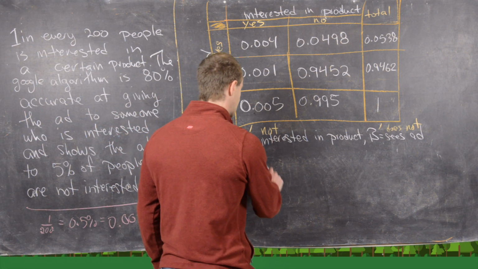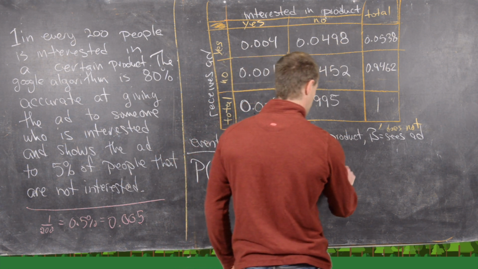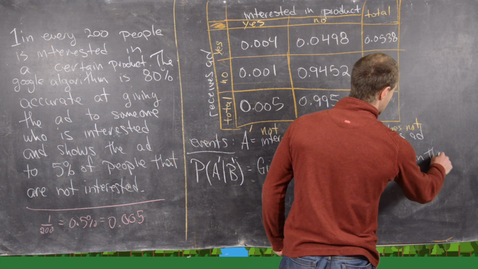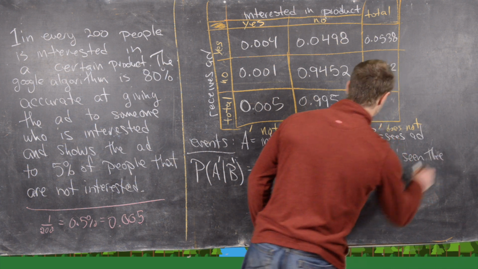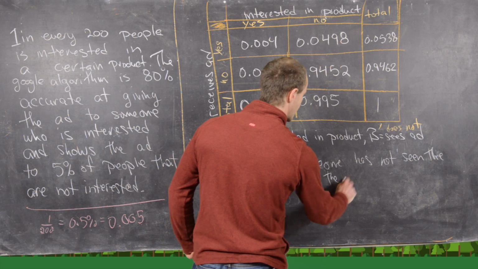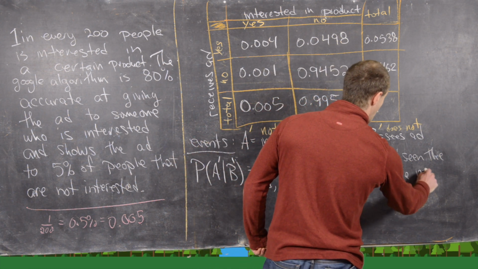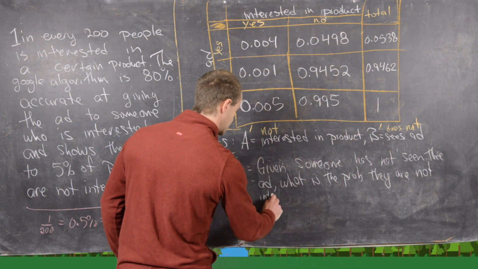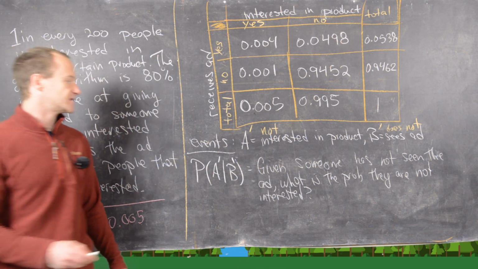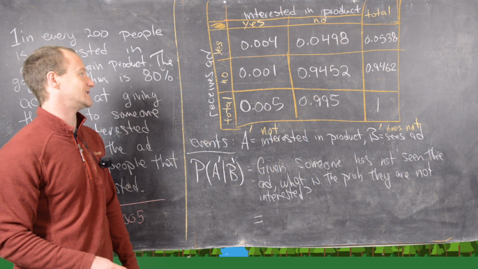In other words, given someone has not seen the ad, what is the probability they are not interested in the product?